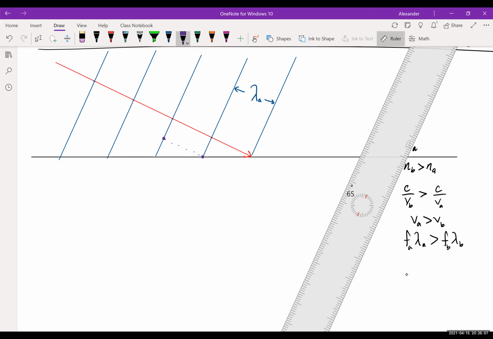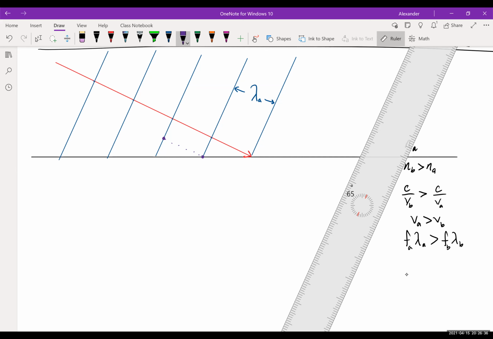So we are giving this point on the boundary of the media explicit instructions. What is the magnitude of the electric field at U? And we know that it varies in an amount of time from maximum to maximum, according to the period, according to the frequency of the wave as it's propagating in medium A.